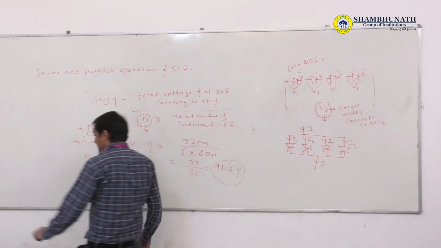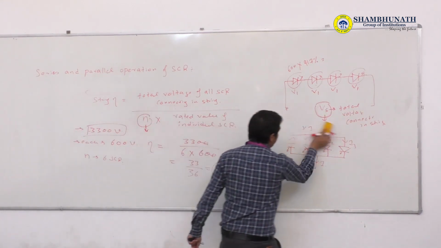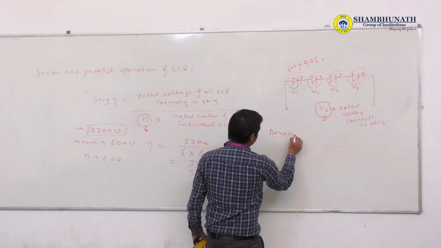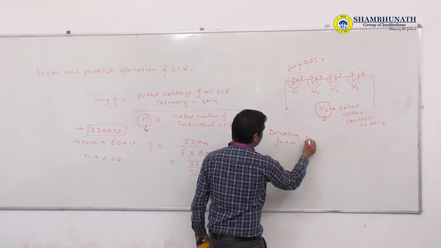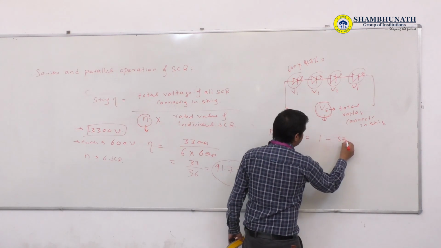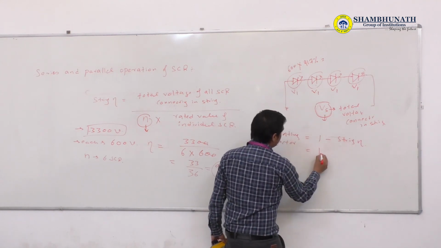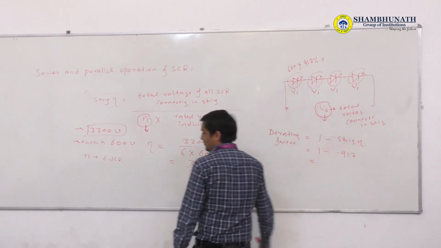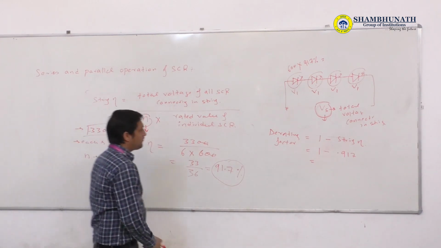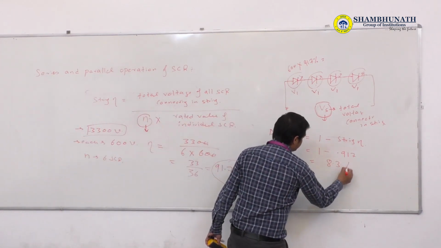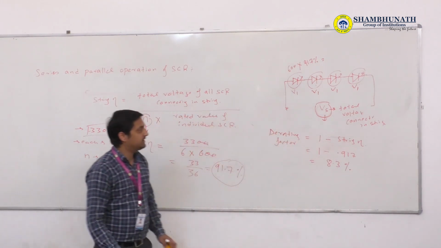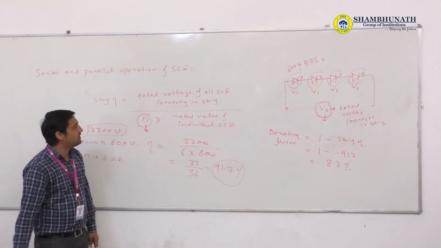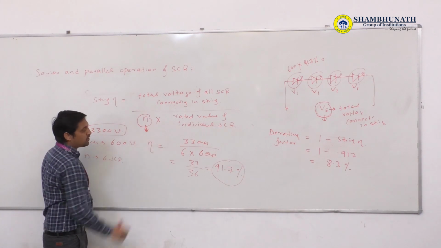The derating factor is calculated as 1 minus string efficiency, which is 1 minus 0.917, equal to 8.3%. If we have to increase the reliability of each SCR, we have to increase the number of SCRs.